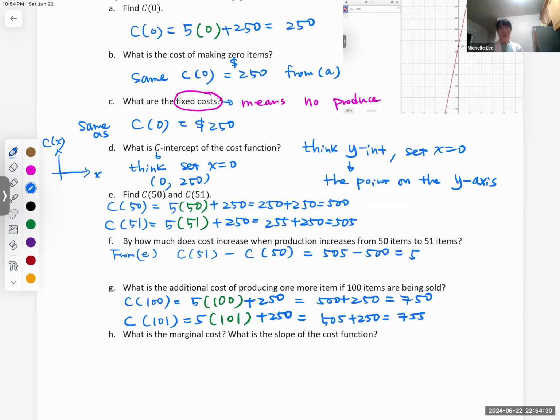So the additional cost of producing one more item is also 5.